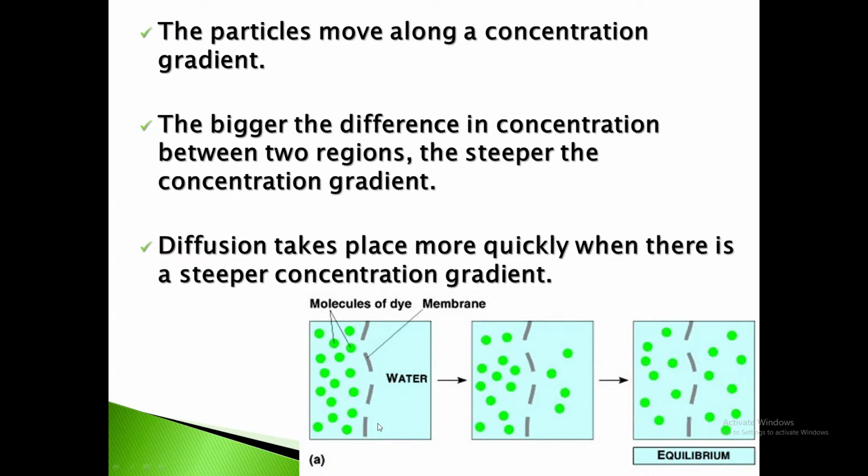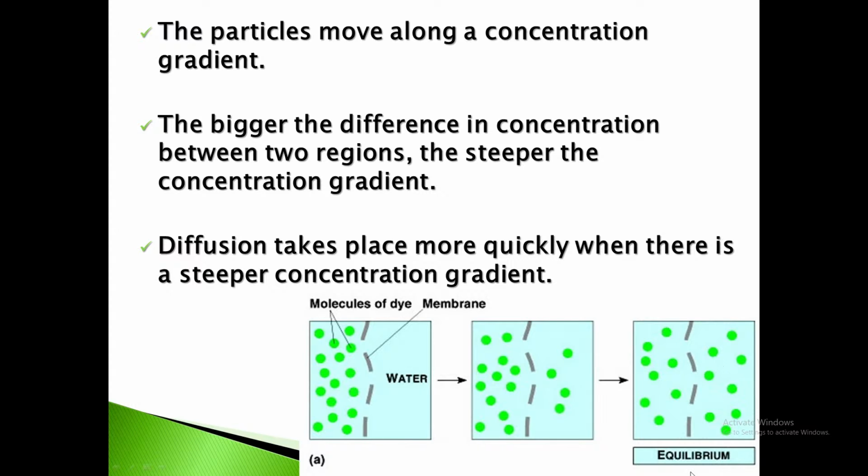within that container. Now let's look at the box to the extreme right and see if there's a concentration gradient. On the left side we have 1, 2, 3, 4, 5, 6, 7, 8 particles. On the other side, when you count it, we also have 8.